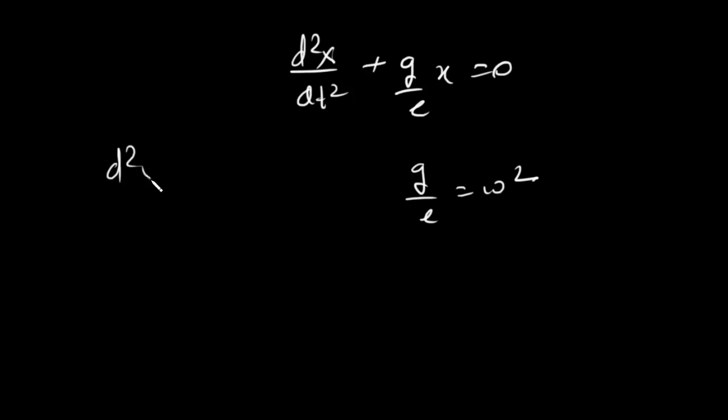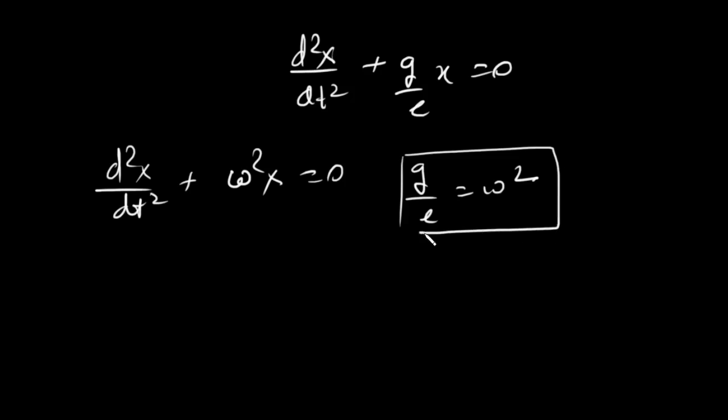So we have d square x by dt square plus omega square x equal to 0, and this omega is the angular frequency. As I told you earlier, omega in simple harmonic motion is the angular frequency. So omega is root g by L over here.